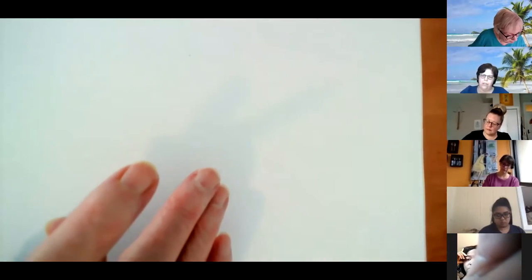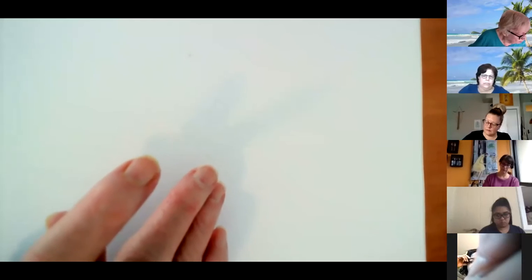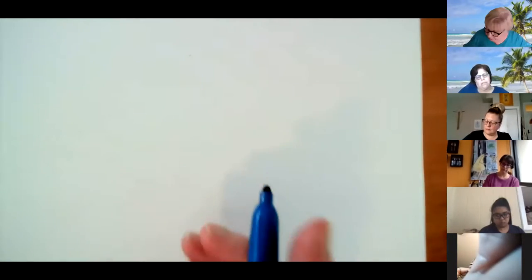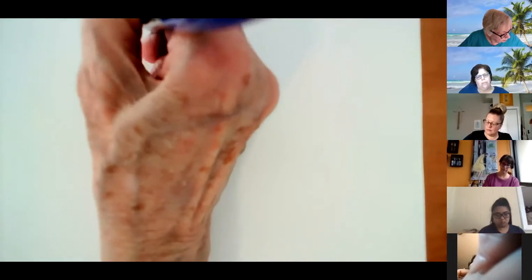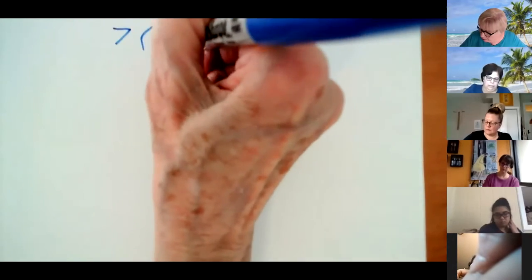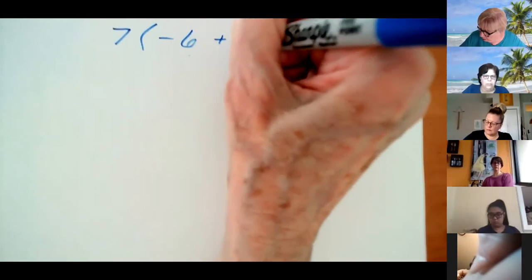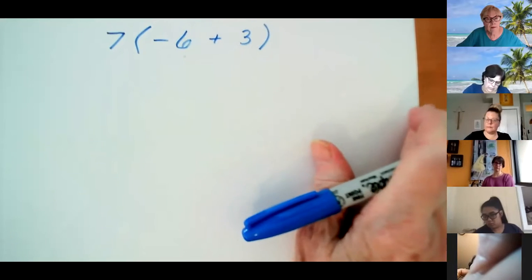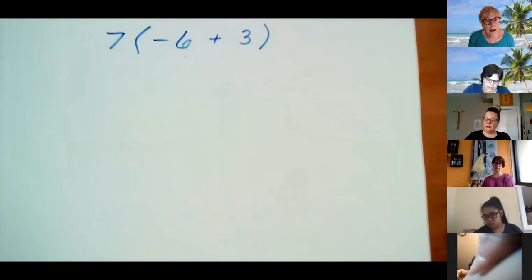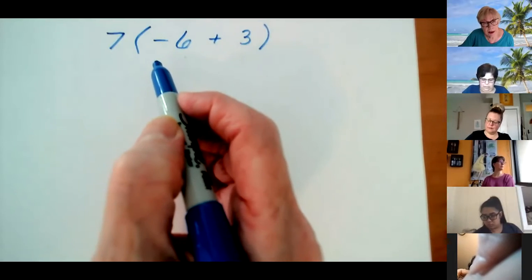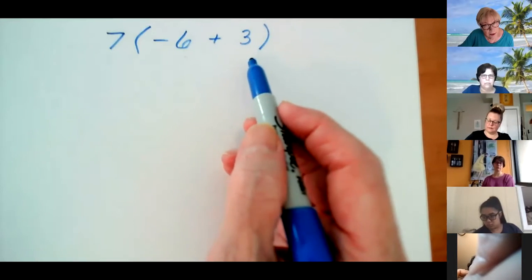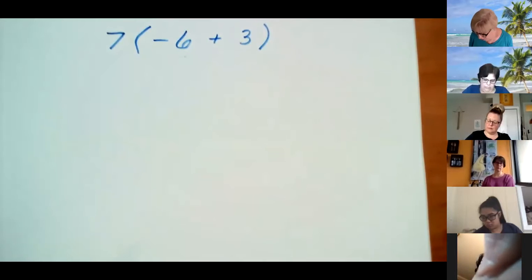Let me see what I got. Okay, here's our next one. This is where they've mixed things up. So the parentheses is telling you that you've got to do that first.